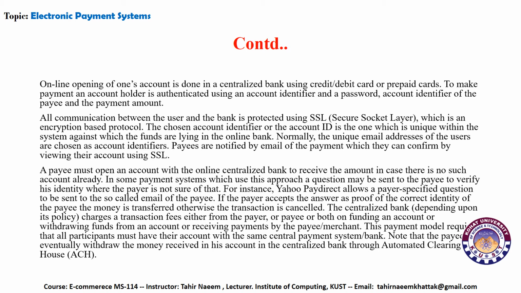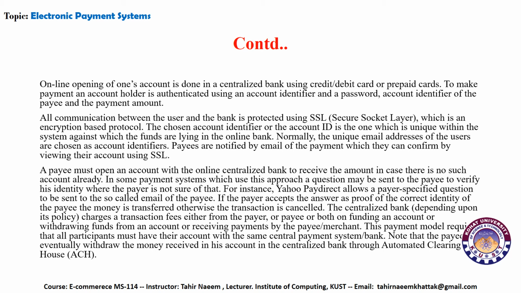In some payment systems which use this approach, a question may be sent to the PE to verify his identity where the payer is not sure. For instance, Yahoo PayDirect allows a payer-specified question to be sent to the email of the PE. If the PE's answer is a proof of correct identity, the money is transferred, otherwise the transaction is cancelled.